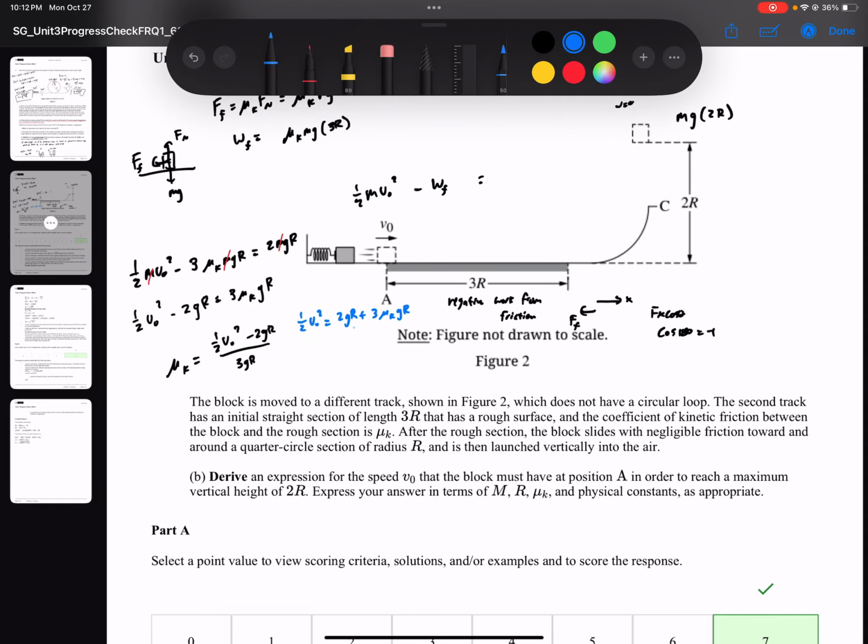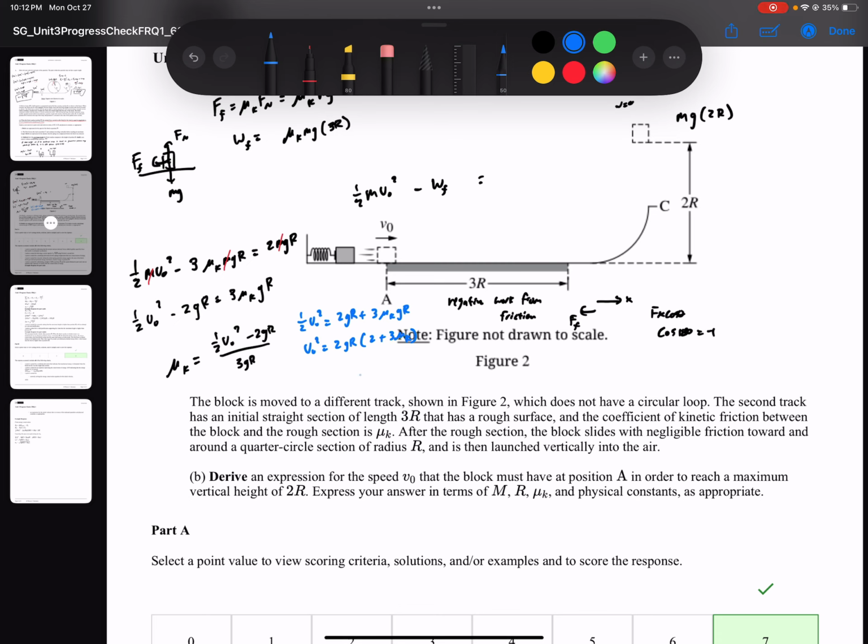Then they multiply everything by 2, and then they factor out a 2gr. So v naught squared is equal to 2gr times 2 plus 3 mu sub k.